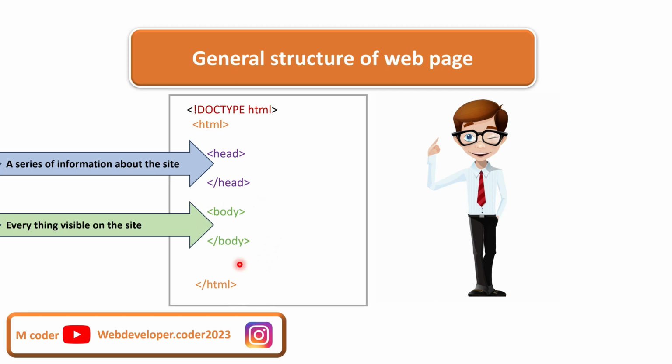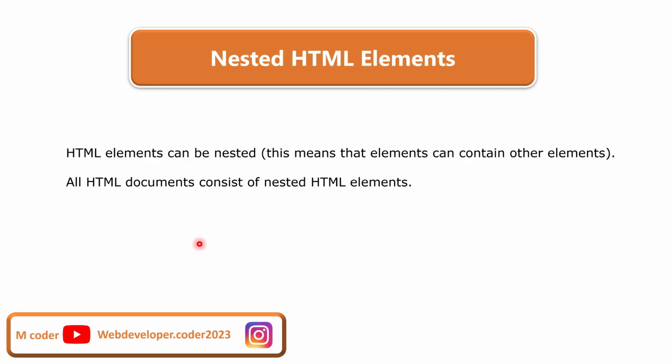If we are going to have text on the site, or a photo, or a song, or anything else that we see with our eyes on the site, it will be written inside the body tag. So we write information such as the name of the site in the head part and everything visible in the body part. I explained the nested elements.